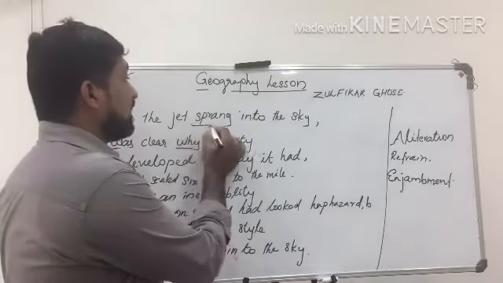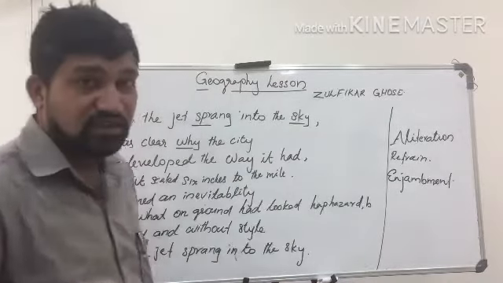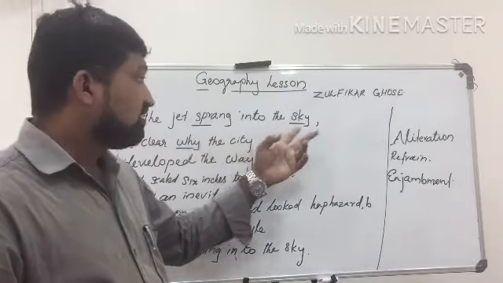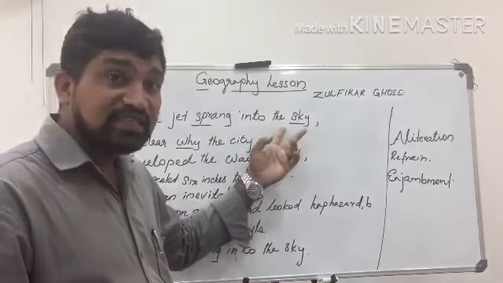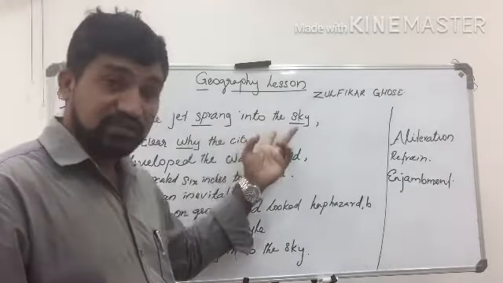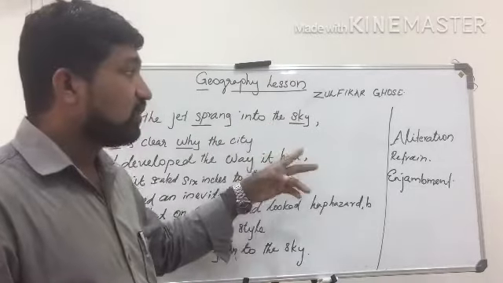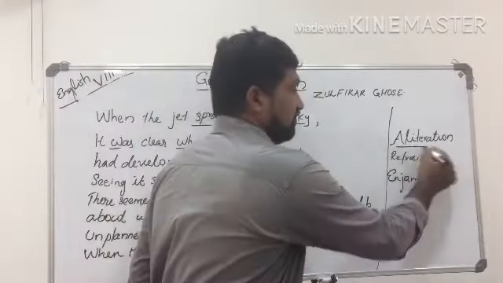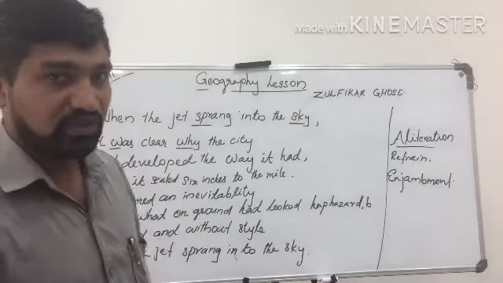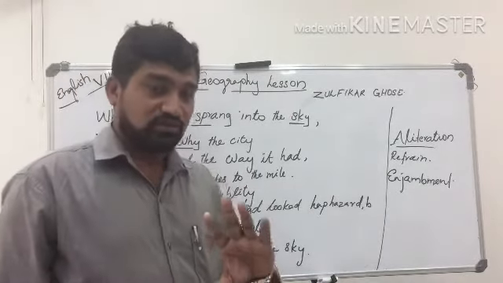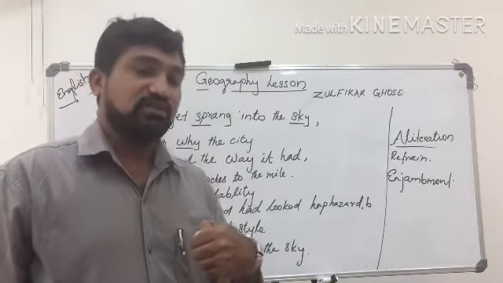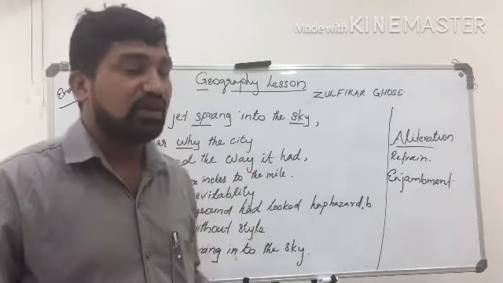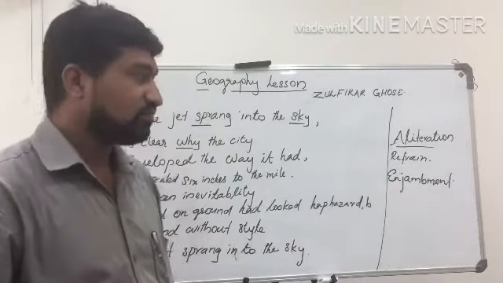Here, sprang, sky. In these two words, the S sound is repeated in one line. That is known as alliteration. Alliteration in a poem: the same consonant sound repeated in a line is known as alliteration.